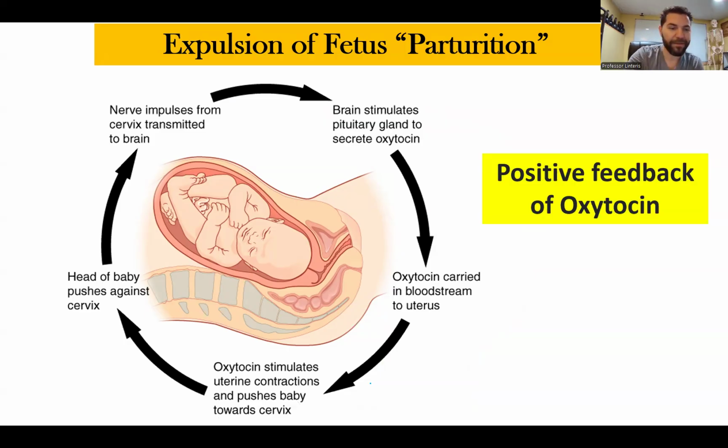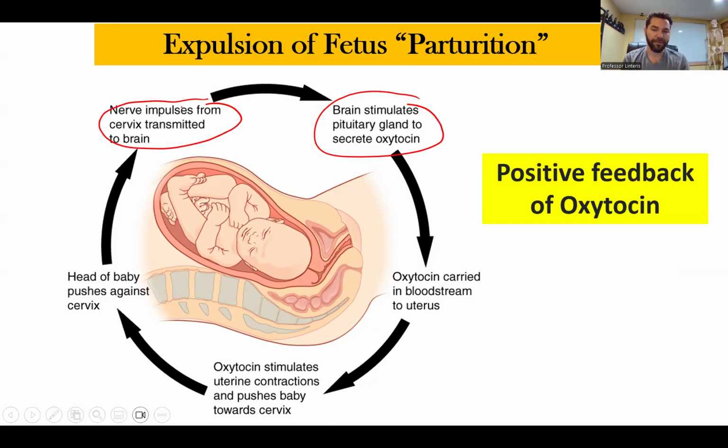Now, this causes uterine contraction. We have to squeeze the uterus to push against the pressure of the opposing cervix, right? And so what happens is the cervix starts to stretch.